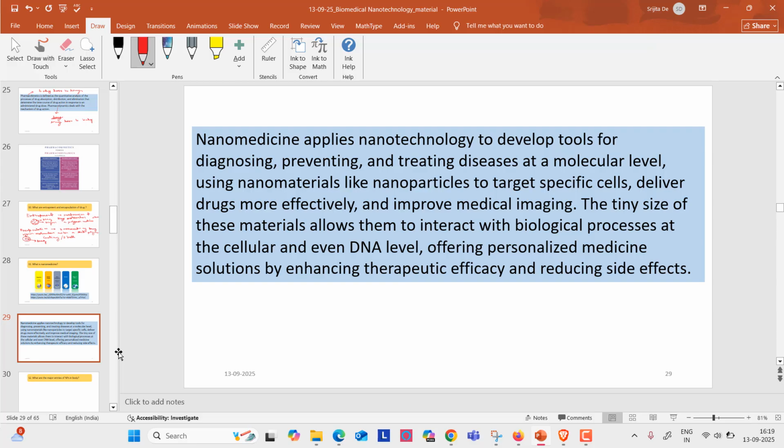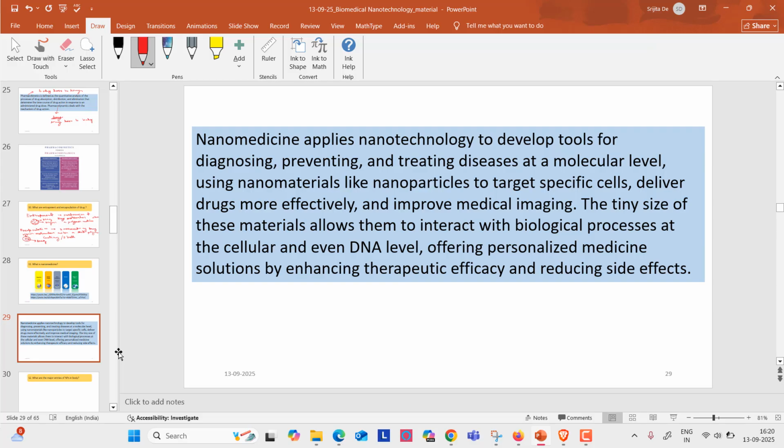In last week's class, we have seen how theranostic materials or the theranostic process kills the cancer cells particularly, with the help of nanomaterials. So that is also one kind of nanomedicine. Also, we have seen how drug delivery is possible with the help of nanoparticles. This is part of nanomedicine.